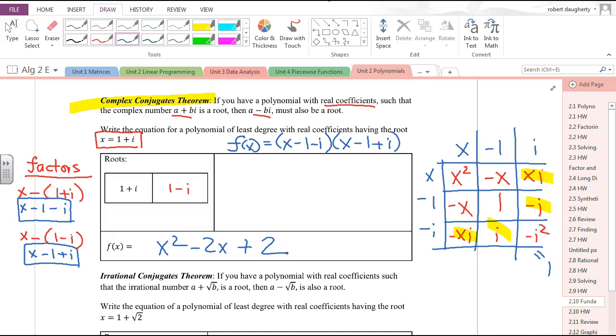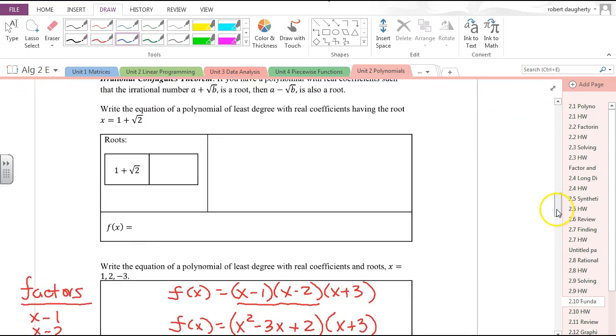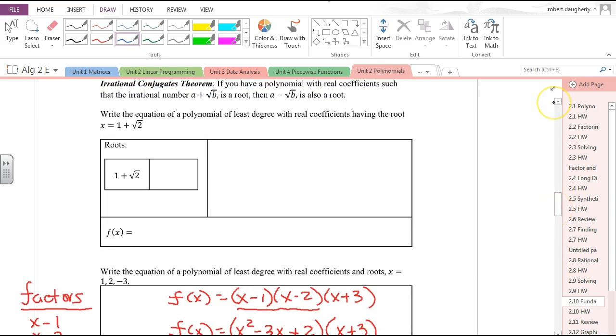Okay. Now, along with those complex roots, we have another theorem that deals with irrational conjugates. If you have a polynomial with real coefficients, and it has an irrational root a plus root b, it must also have a root a minus root b.